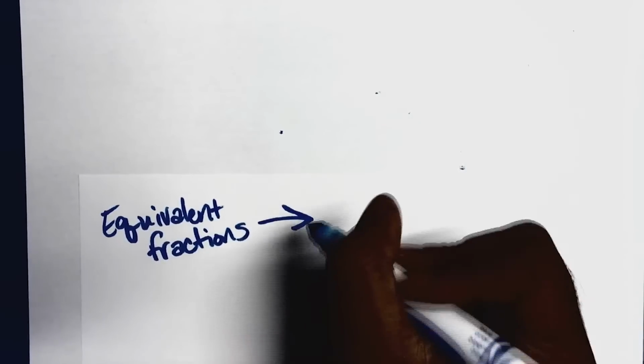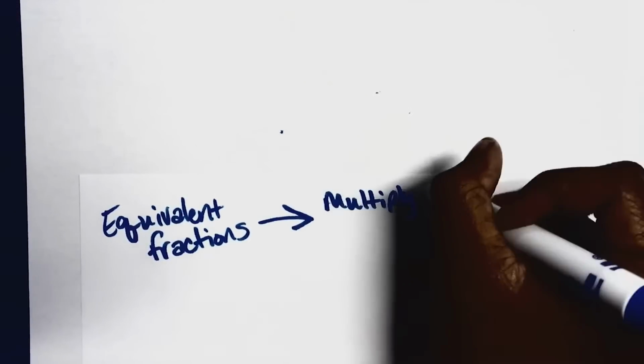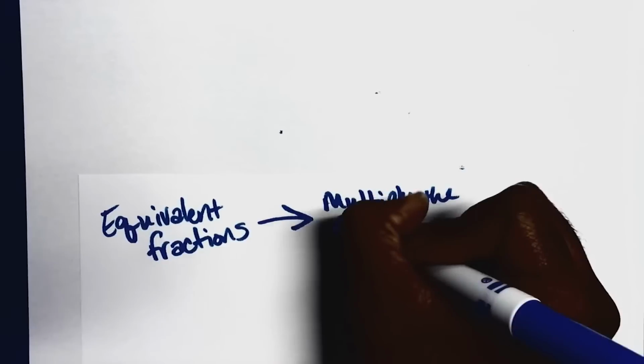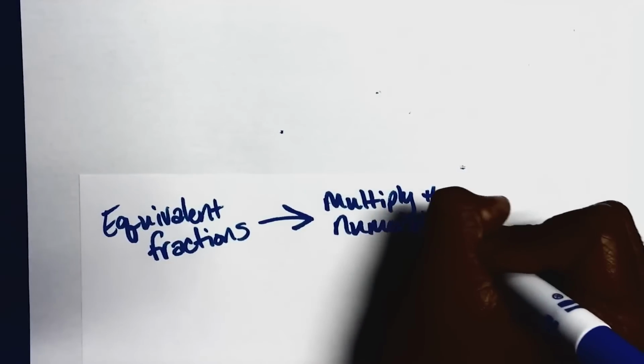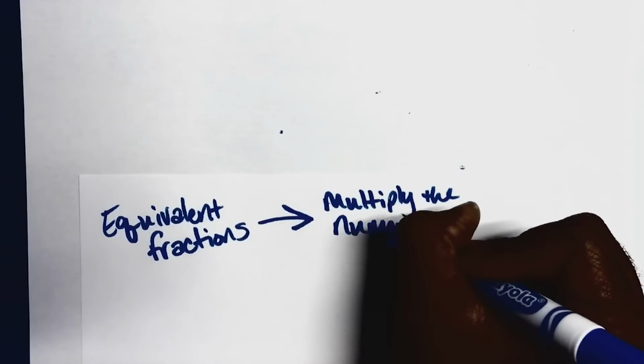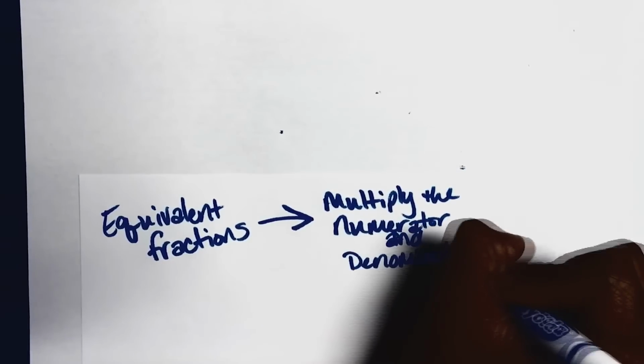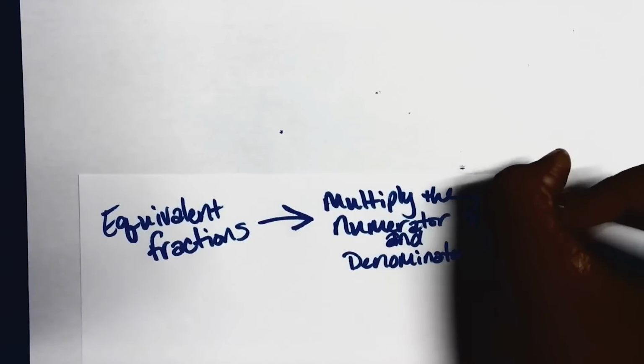Again, to find equivalent fractions, we must multiply the numerator and denominator by the same unit, by the same number.